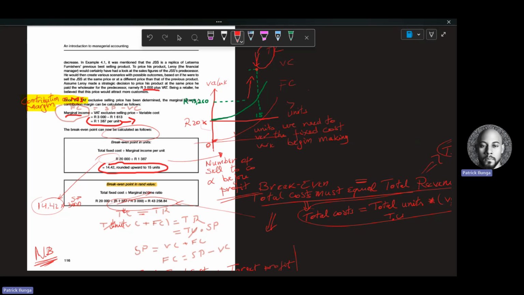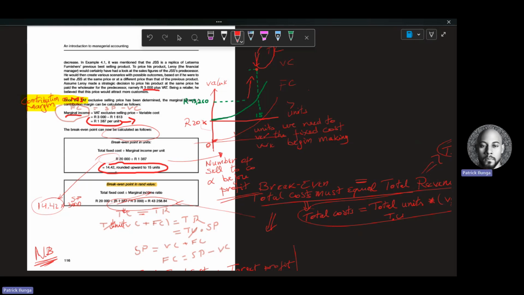We would be already at the break even, right? Because at this level, at this exact juncture, we would have covered the total. You remember the break even is when the total cost equals the total revenue. So I hope that this is clear.